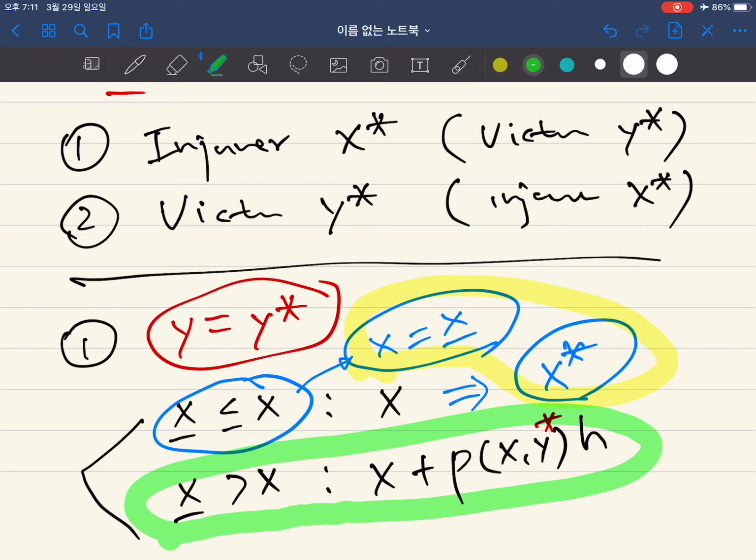The injurer wants to minimize his cost, so the question here is, what is the solution for the injurer to minimize his cost? As you can imagine, the answer is going to be X star. So we're going to use a similar logic as before.